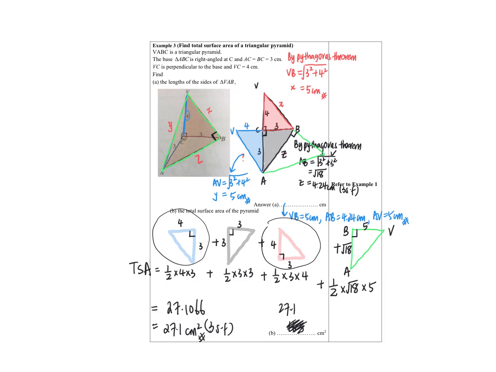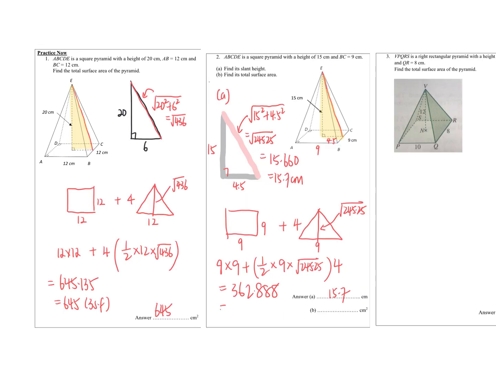Can. Alright. 20 square. Okay. Three, 6, 3.